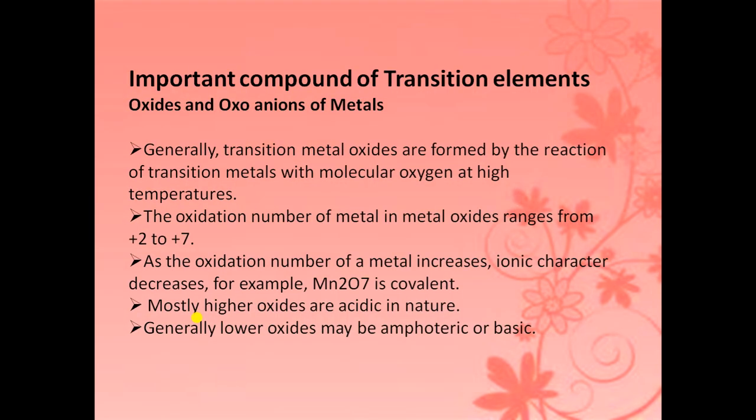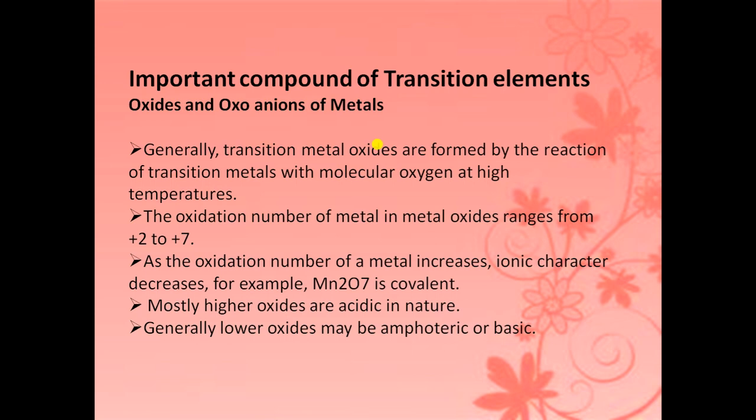Next topic is oxides and oxoanions of metals. What are oxides? When a metal combines with oxygen, we get oxides. Generally the transition metal oxides are formed by the reaction of transition metal with molecular oxygen.